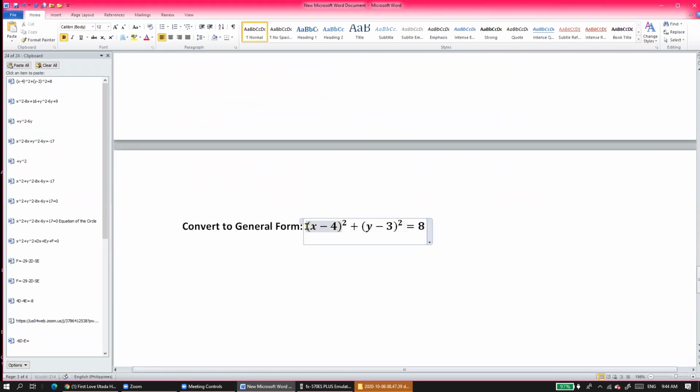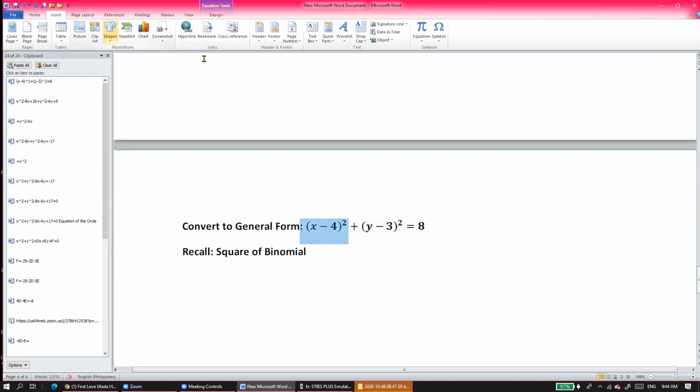So convert to general form. What will I do? I will just expand our binomials. This is a square of binomial application, another square of binomial application. So we have to recall the square of binomial. You need that. So I have to expand this.